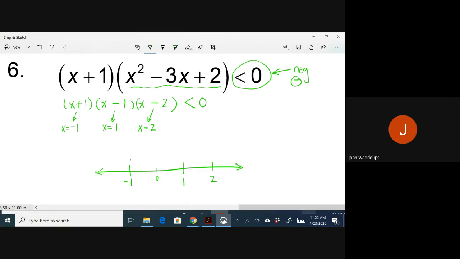So then we're going to make our sign chart. To the left of negative 1, negative, then positive, positive, positive. To the left of 1, negative, negative, and then positive, positive. To the left of 2, negative, negative, negative, and then positive to the right.